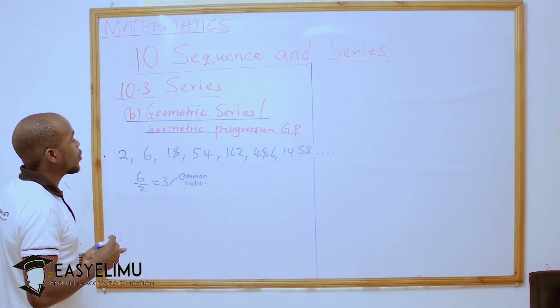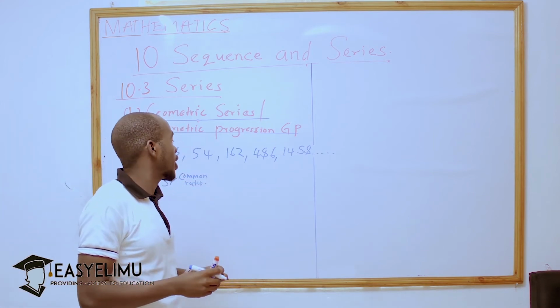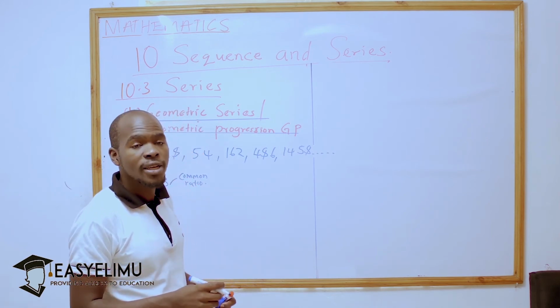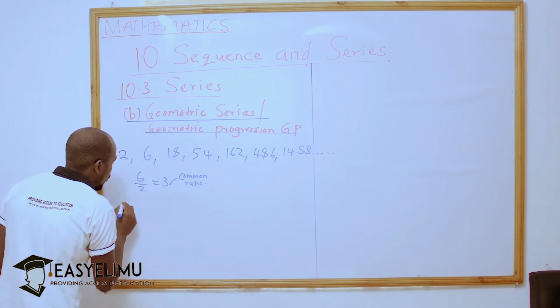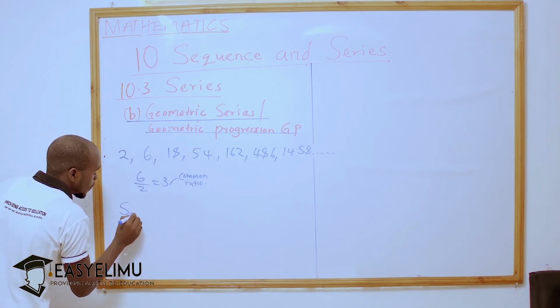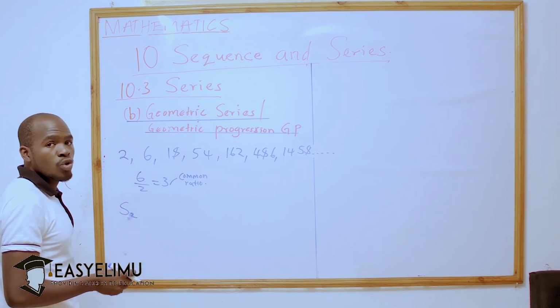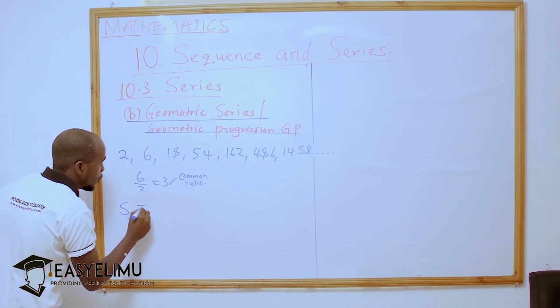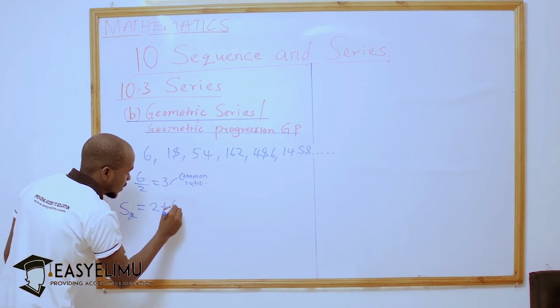So, if we sum up the terms in a geometric sequence, we are going to have a geometric series. If we are required to find the sum of the first 2 terms in a geometric sequence, then we are going to have 2 plus 6.